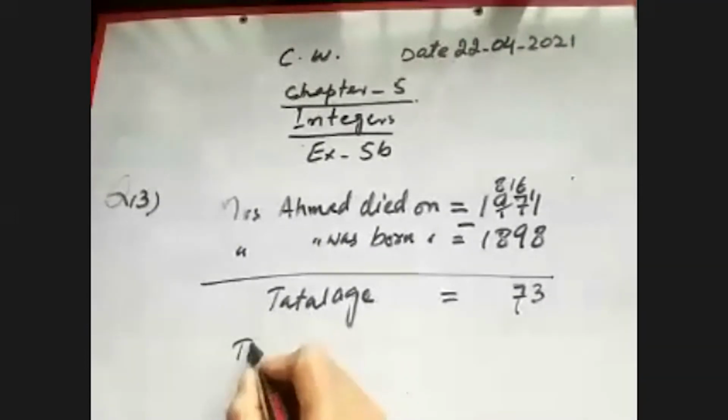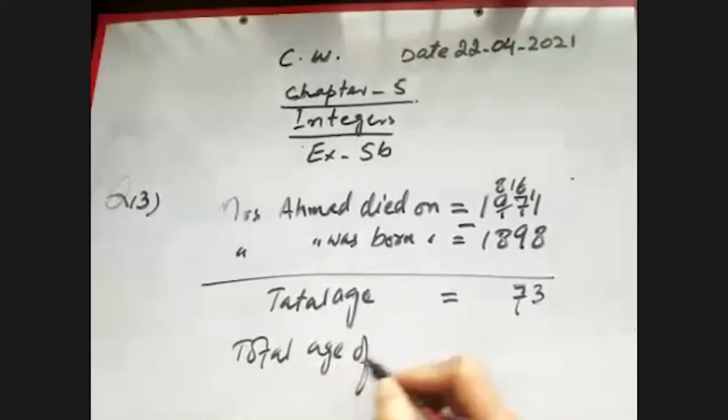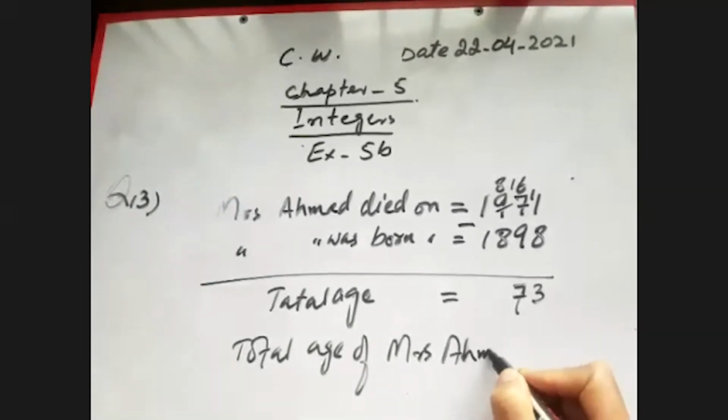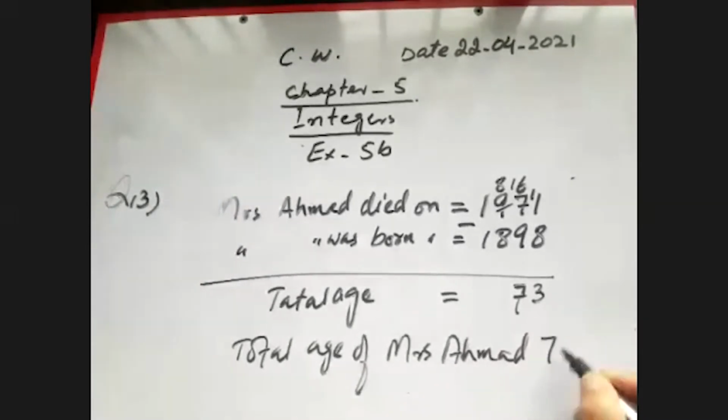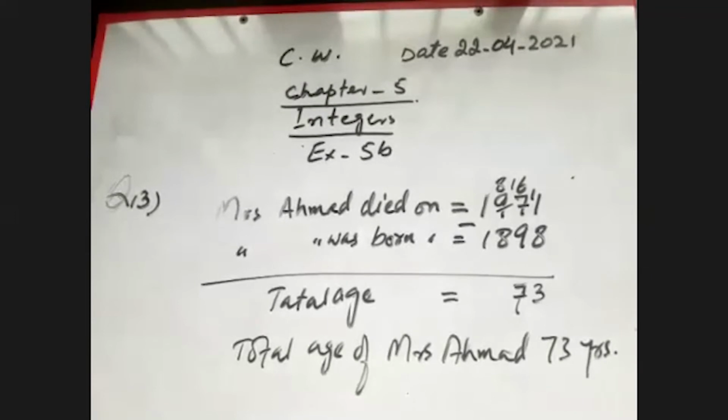So total age of Mrs. Ahmed, 73 years. She lived 73 years. This is question number 13. Do it with the statements because this is a problem sum.